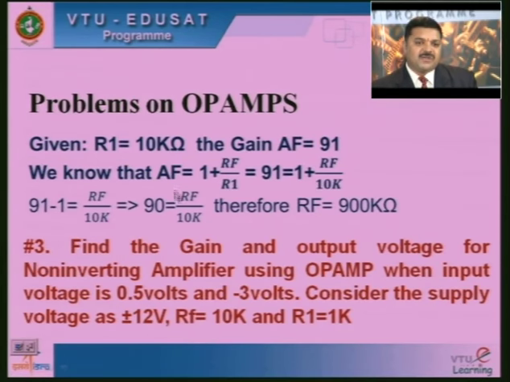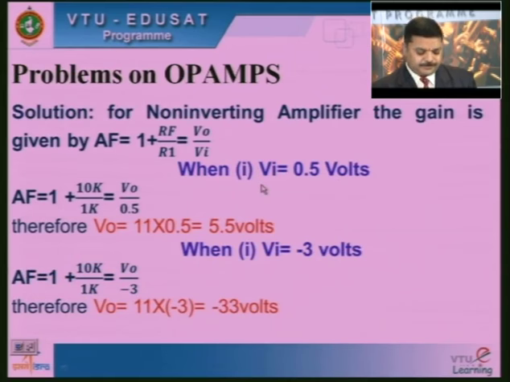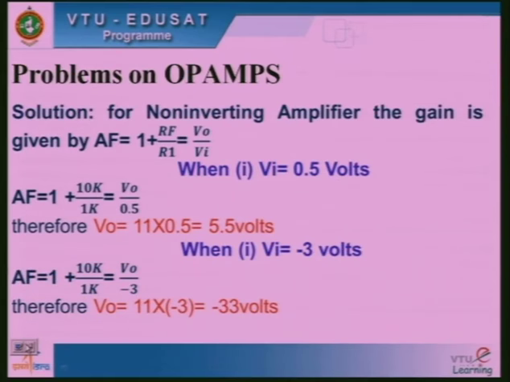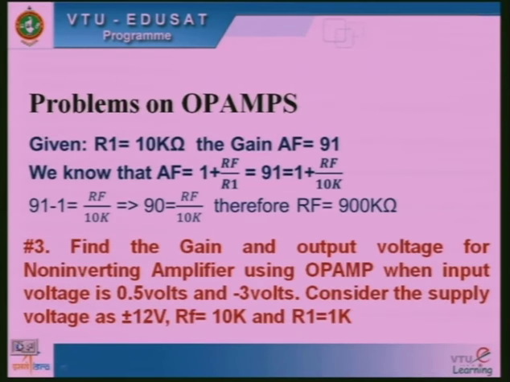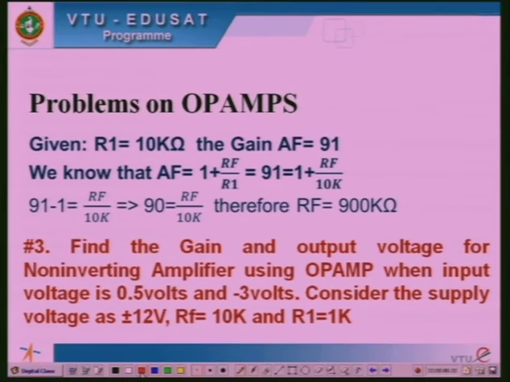Therefore, AF is 1 plus RF by R1, which is equal to 91.